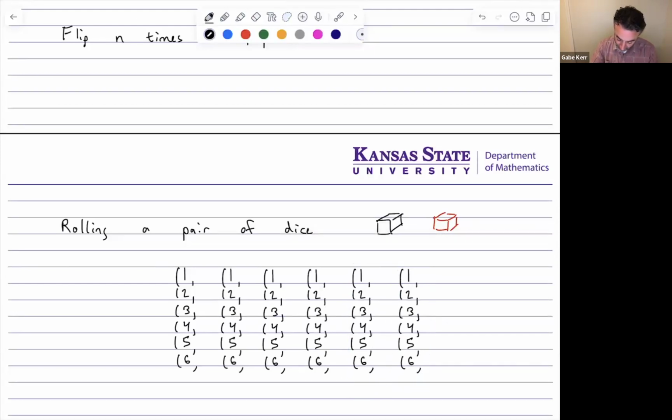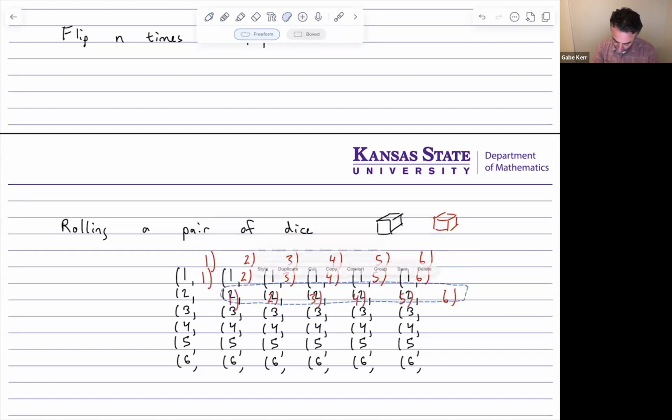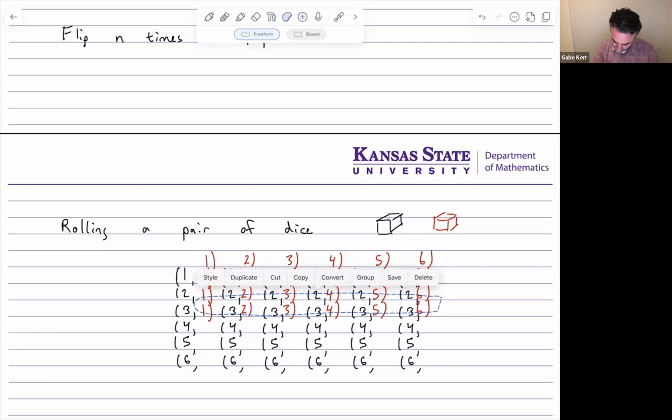We can get a 1, we can get a 2, we can get a 3, we can get a 4, we can get a 5, a 6, and that's it. And in each of the possible black die situations, we can get exactly that type of scenario for the red die. Sorry, this is going to overlap a little bit.